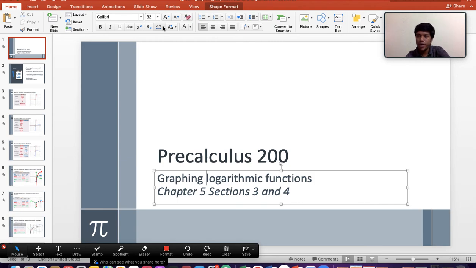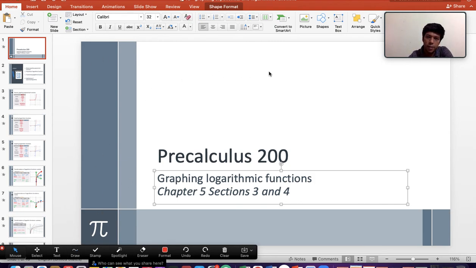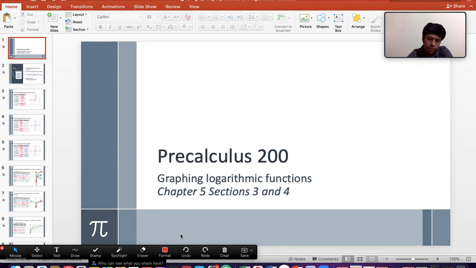Let me write it once again here, the names of all those 8 graphs. 2 to the power x, then 2 to the power minus x, minus 2 to the power x, minus 2 to the power minus x.